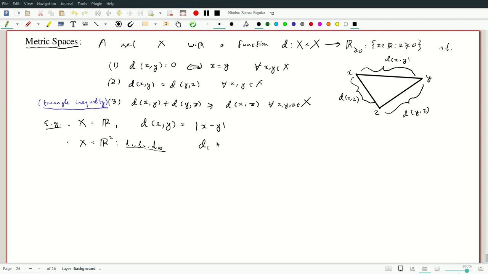So d1, if I took, let's not just stick to R2, but Rn, the same thing works in R2 as well. In Rn, the distance between a point x1, ..., xn, and y1, ..., yn is the sum, i equals 1 to n, of the absolute values of xi minus yi.